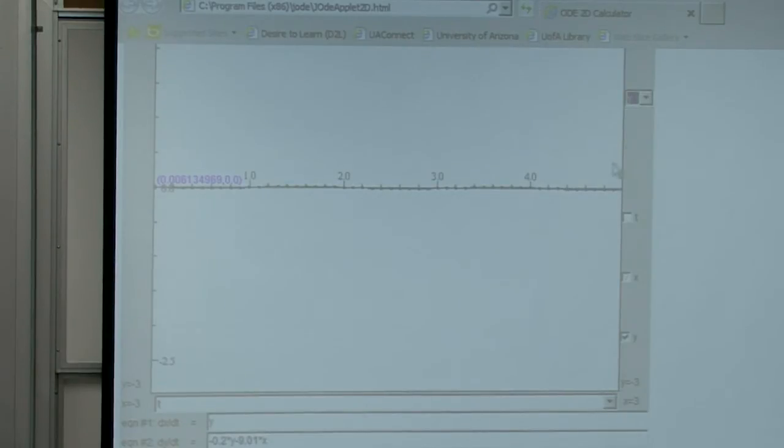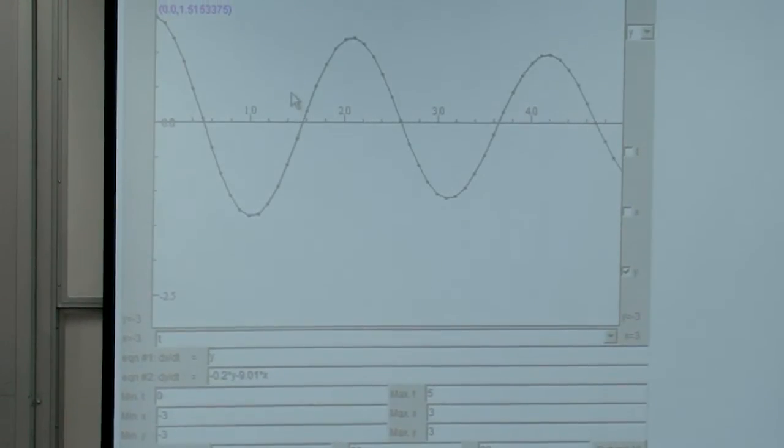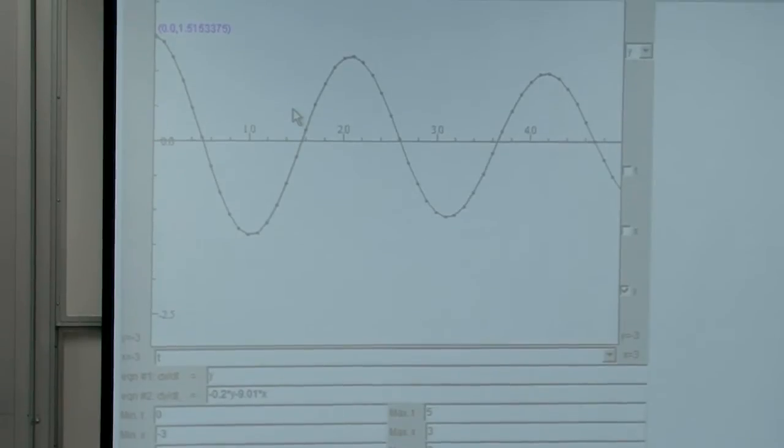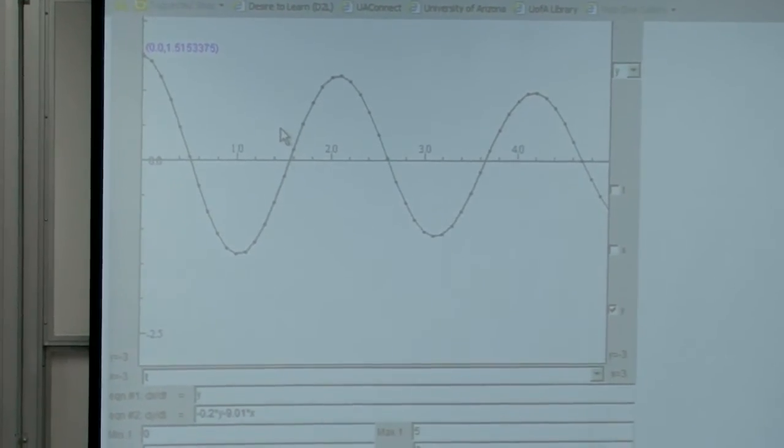So let me go back and do the y now here. I'll clear. Let's start here. So now you can see two things. First of all, my range. I've already reached the end of my t range, and there's significant oscillations still.